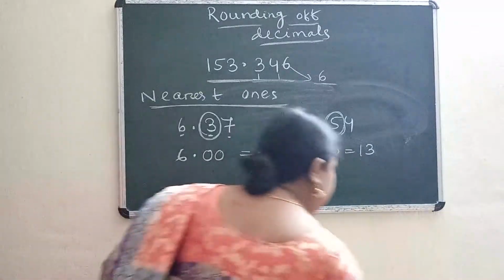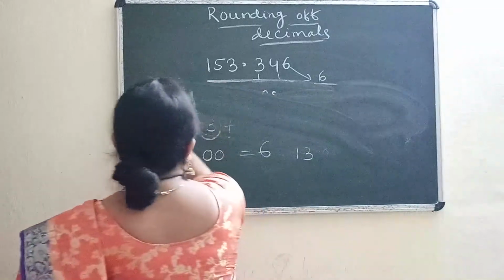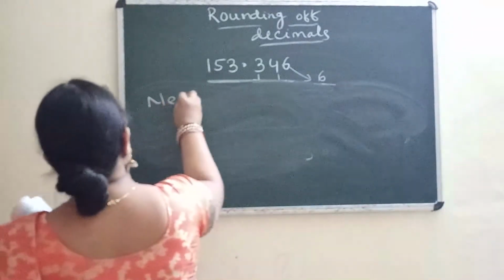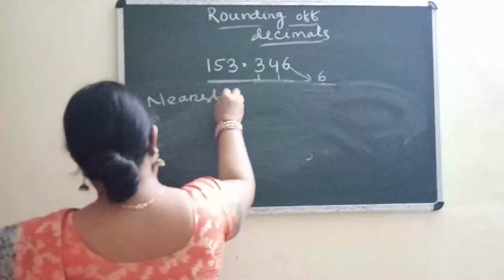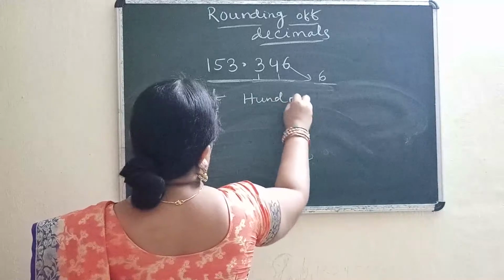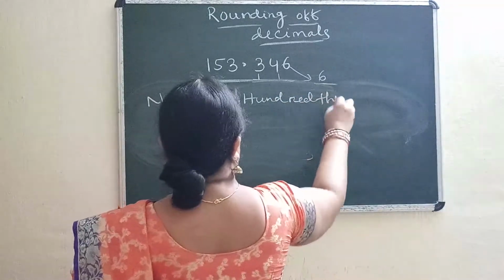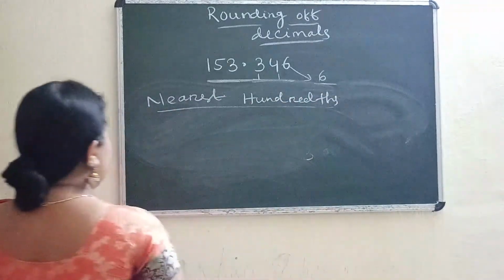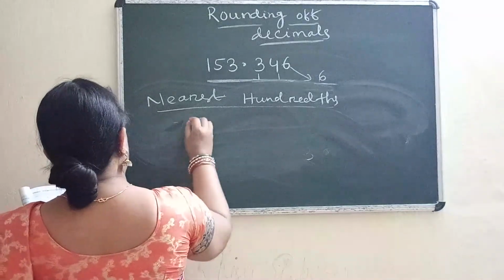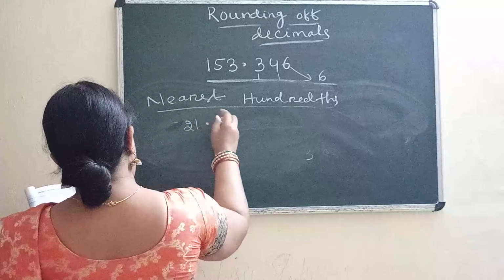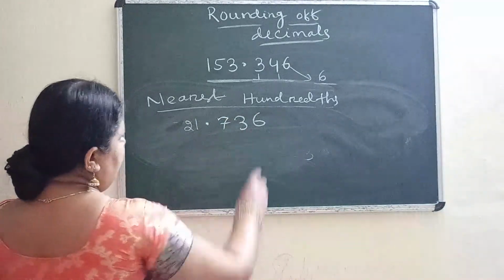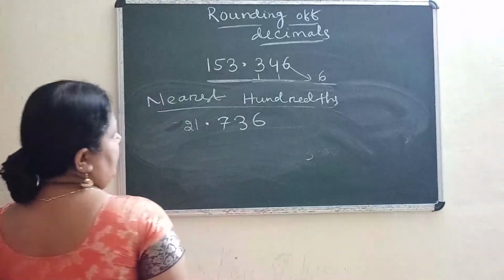Right. If we are rounding to the nearest hundredths, suppose one number is given, 21.736. Okay, nearest hundredths.